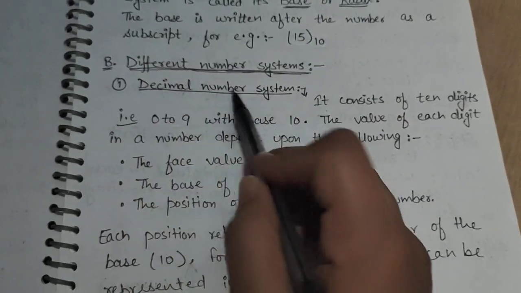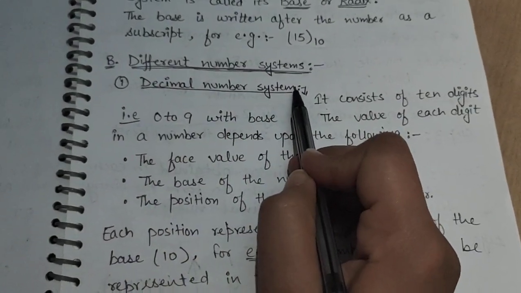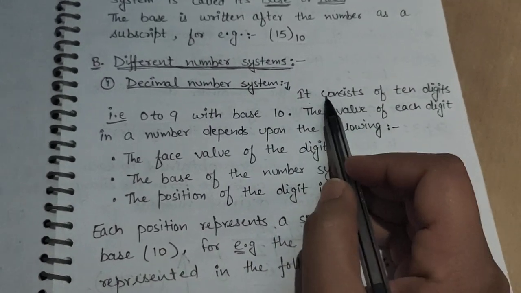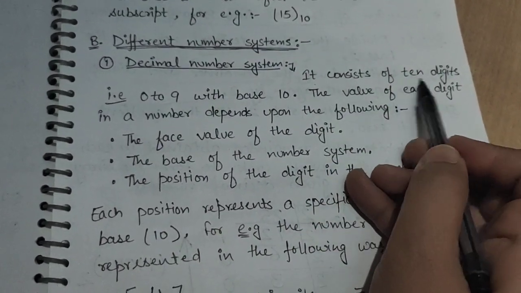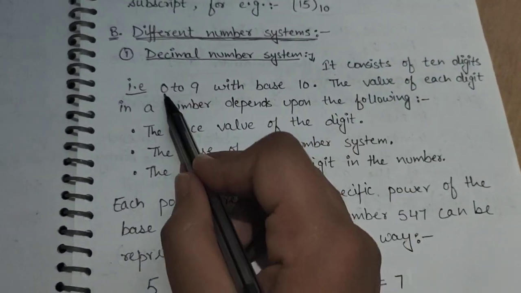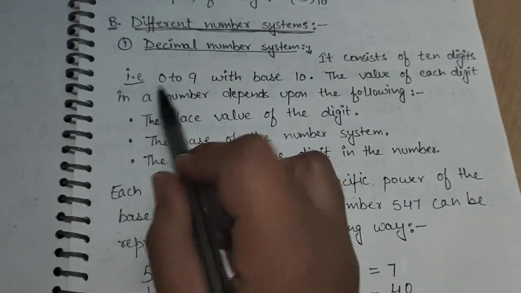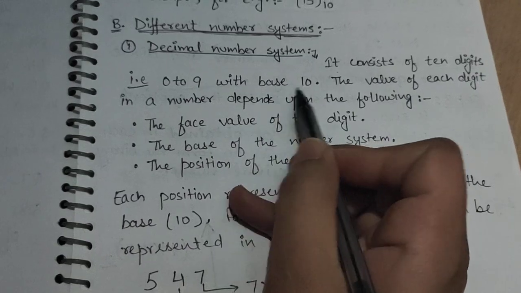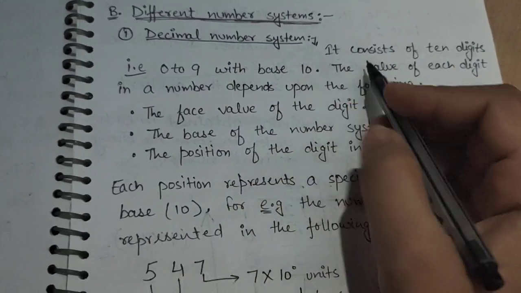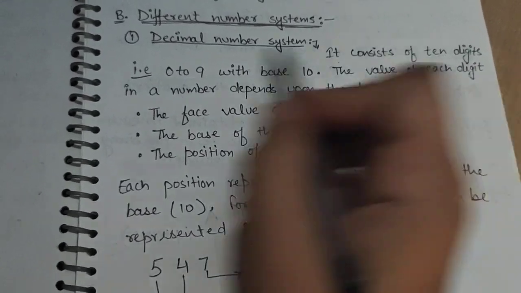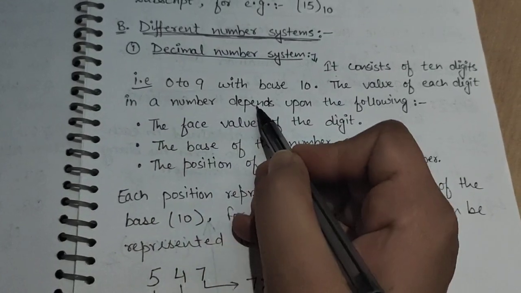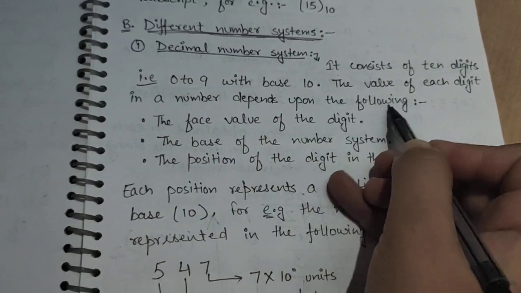Now, different number systems. Number first is the decimal number system. The decimal number system consists of 10 digits, that is 0 to 9, with base 10. The value of each digit in a number depends upon the following factors.